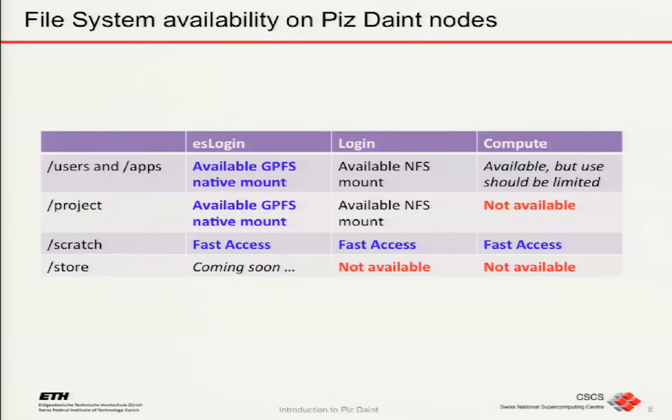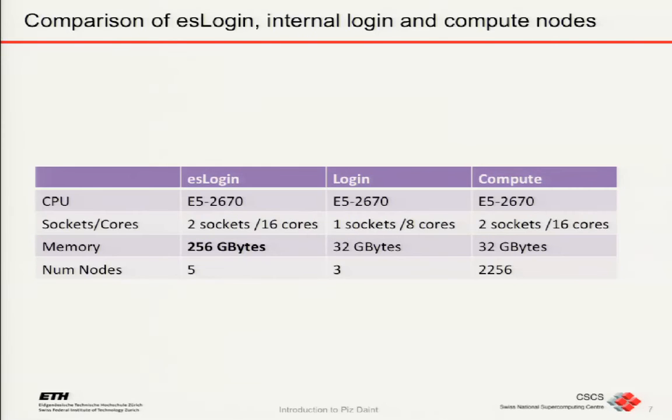This is significant in that what we're trying to achieve here is that you've got plenty of capacity for compilations, for doing data analysis, etc. So these external login nodes have 256 gigabytes each, whereas if you're on the internal, you'll be a little bit compressed. And we have 5 of these. We only have 3 of the internal nodes, and that number may decrease as well if we don't find that we've got a particular use for them.